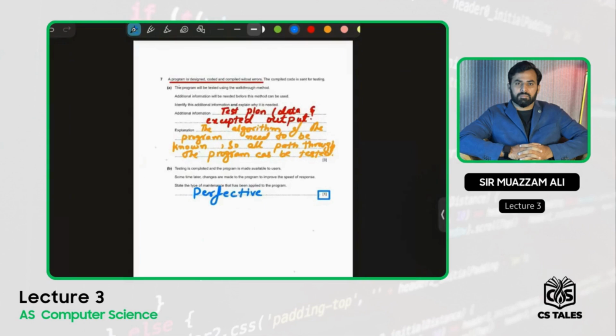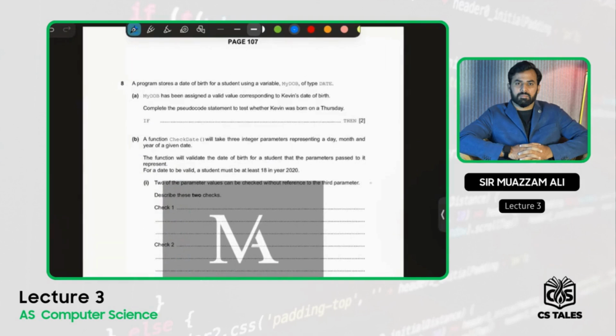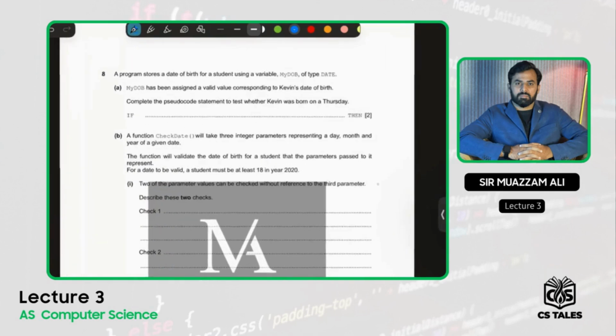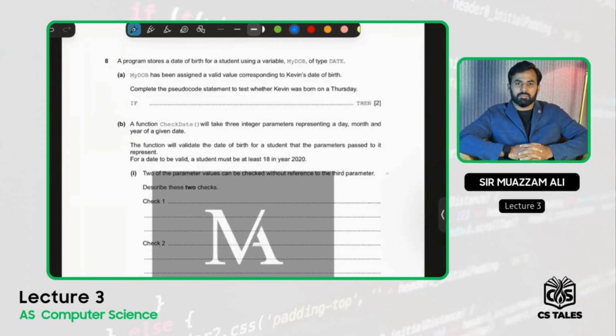Okay, so this question done, now we are moving to the next. Now it's saying that a program stores the date of birth of a student using a variable called my date of birth of type date. My date of birth has been assigned a valid value corresponding to Kevin's date of birth. Complete the pseudocode statement to test whether Kevin was born on a Tuesday. So we must know about the date of birth and the indexes of the days.